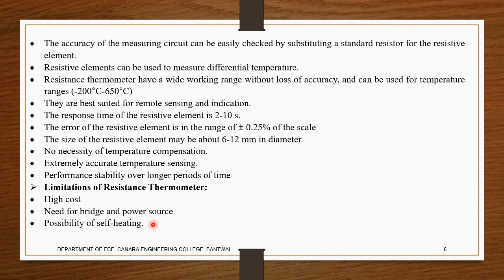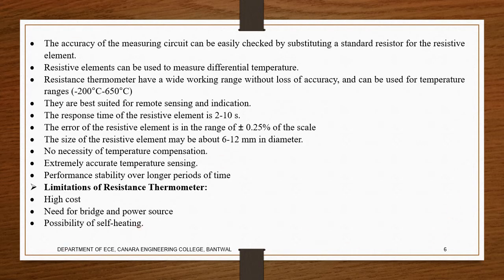There might be too much heating because of the position where we are keeping the sensing element. If it is a little smaller, we can just sense a minute temperature and determine it. Else, if we keep it in contact, or where we place the resistance thermometer bridge, it might affect the efficiency.